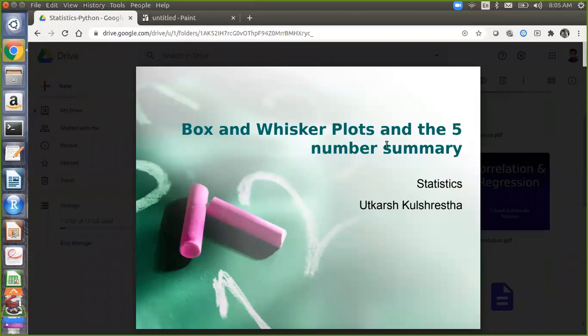They give quartile ranges, quartile 1, quartile 3, and they give median values as well. There is also an outlier ratio, but I don't remember it. Okay, so that is one of the features of a box plot.